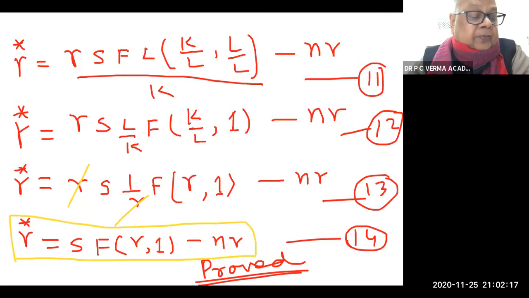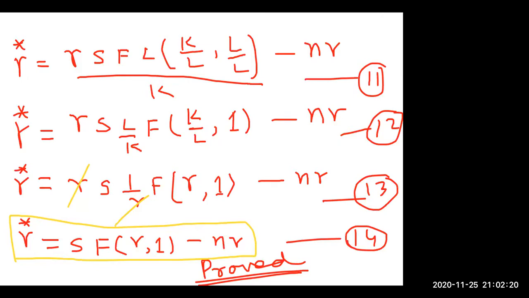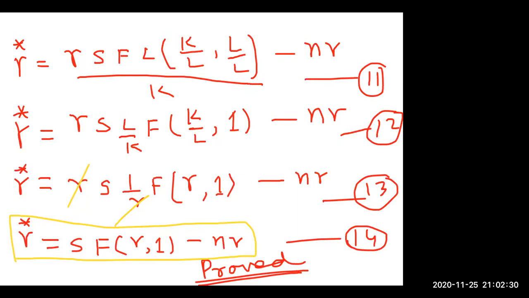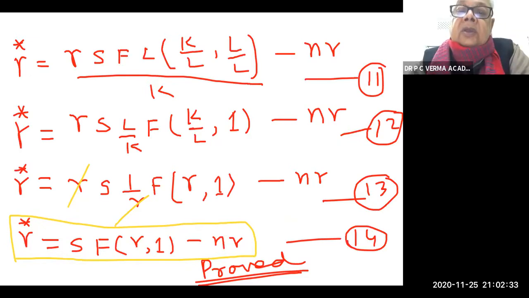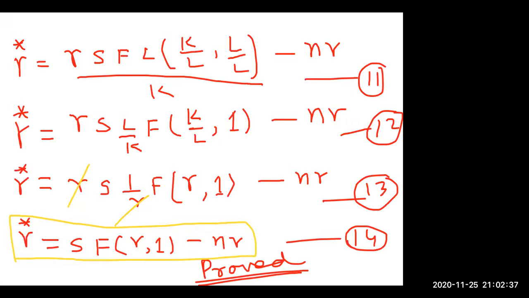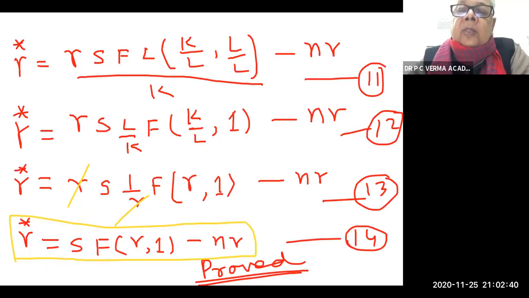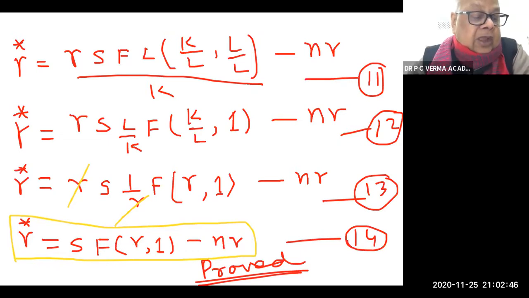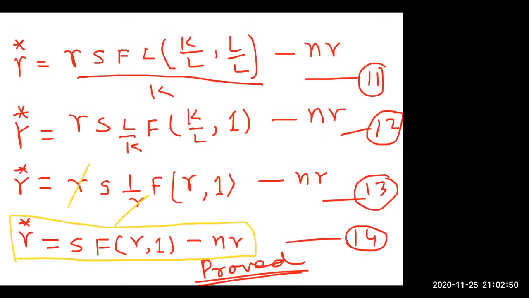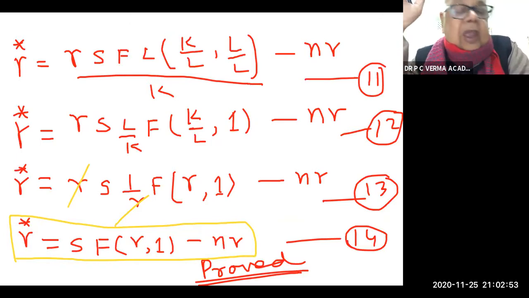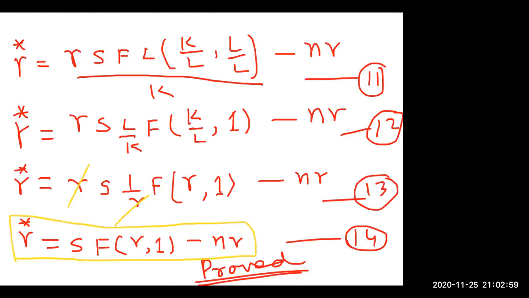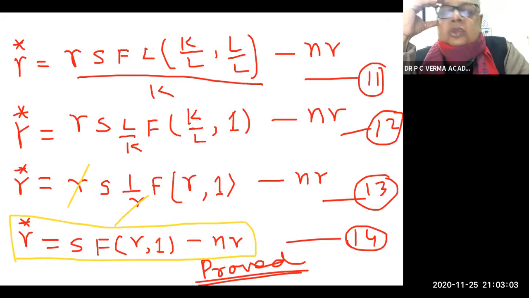In this equation, R is the optimum capital labor ratio, and the first term is known as the capital growth rate. The second term is known as the labor growth rate.